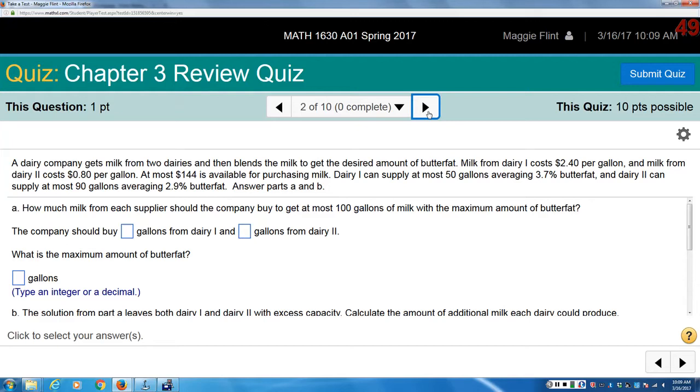And its milk averages 2.9% butterfat. And it wants us to answer parts A and B. And part A says, of course, how much milk should each supplier the company buy to get at most 100 gallons of milk.